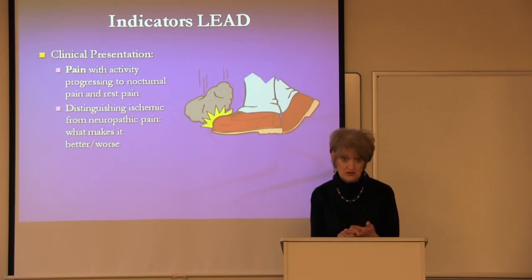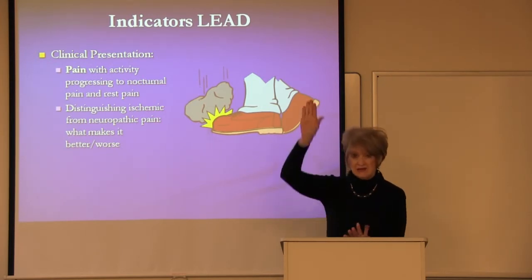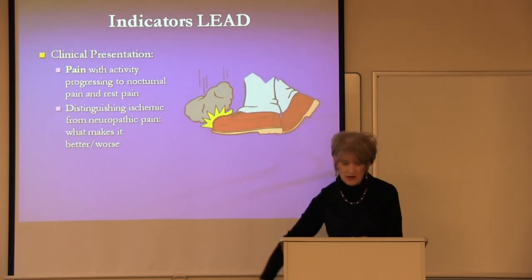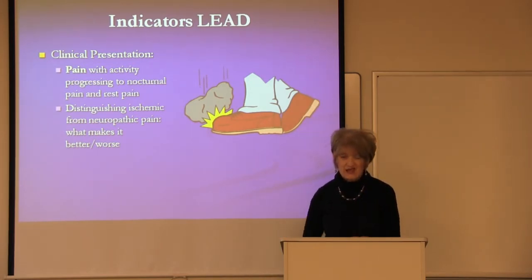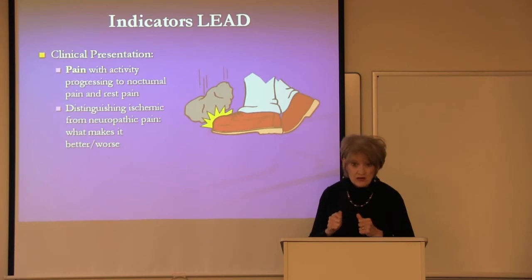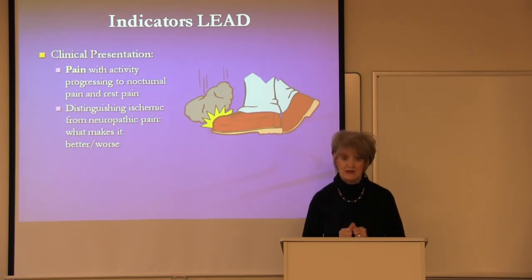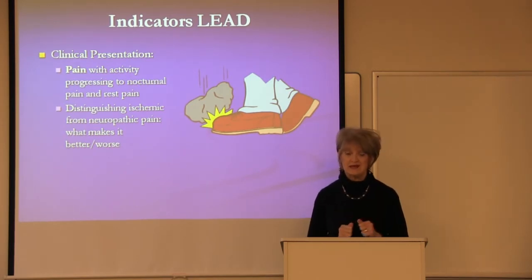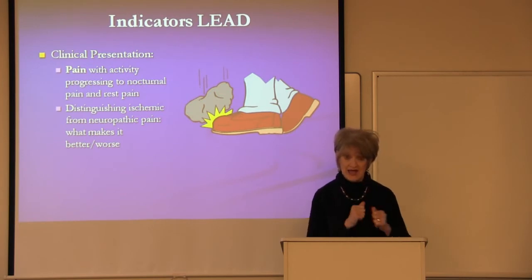What makes it worse? The patient with arterial disease will always tell you, it's worse when I put my legs up, it's better when I put my legs down. It's worse when I get up and walk, it's better when I sit down and rest. So rest and dependency makes it better, activity and elevation makes it worse.